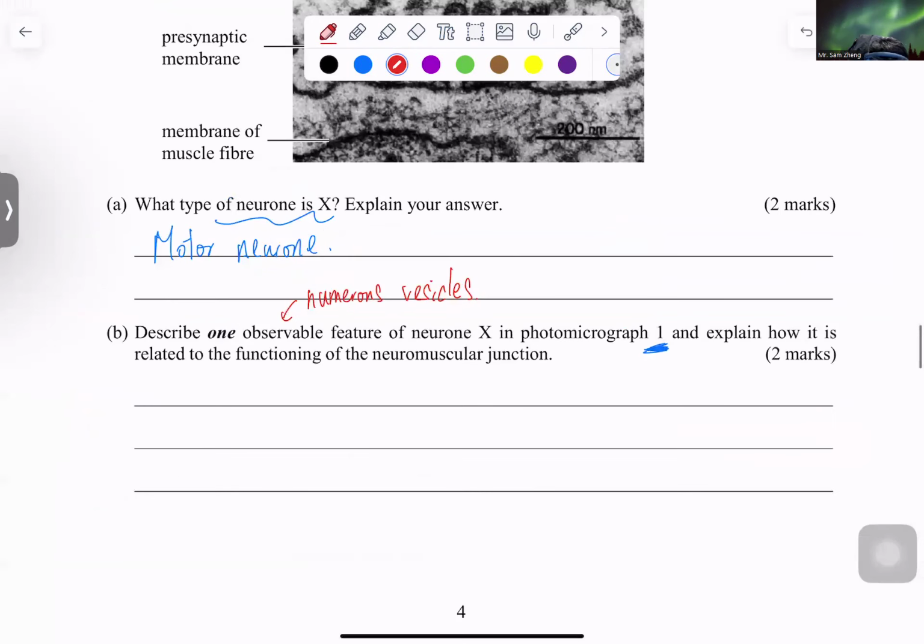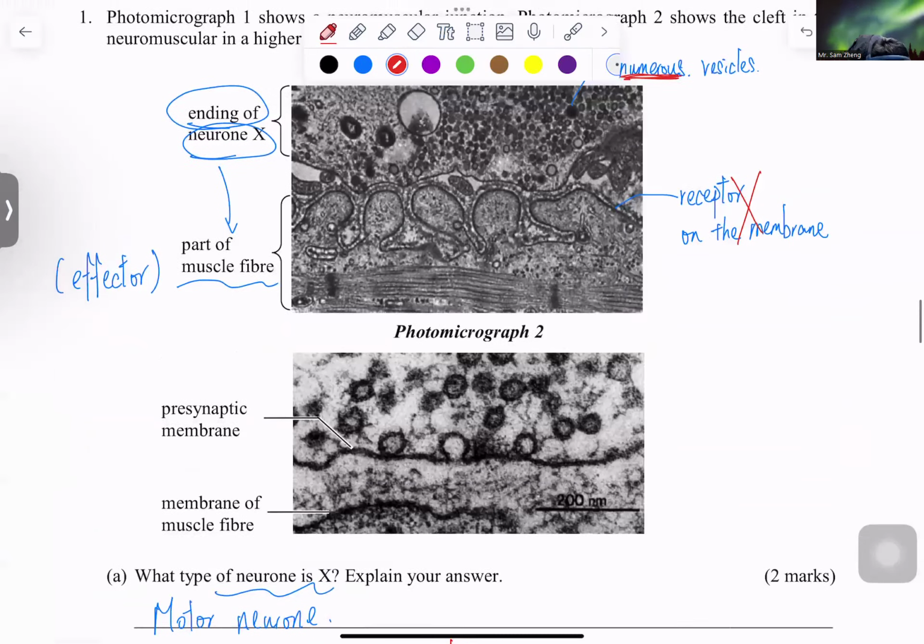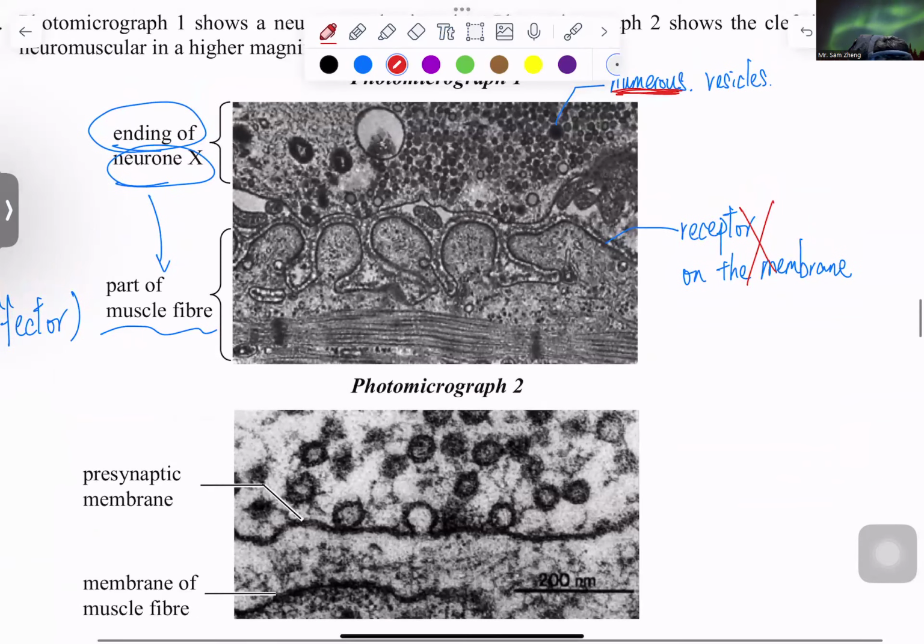Then we will explain how it is related to the functioning of the neuromuscular junction. So where is the neuromuscular junction? We can see here that the vesicles are within the ending of neuron X, towards the part of the muscle fiber.